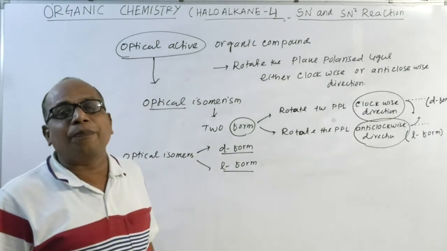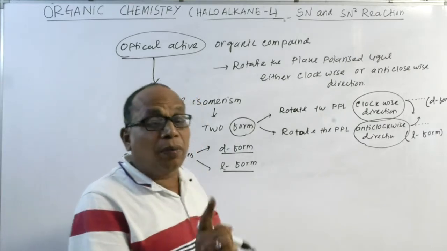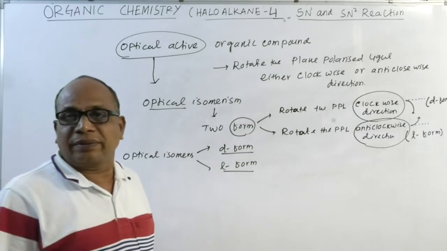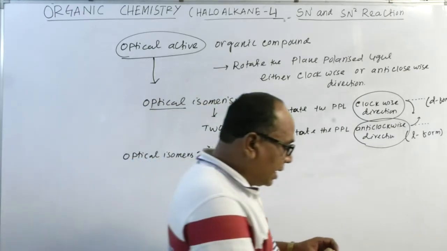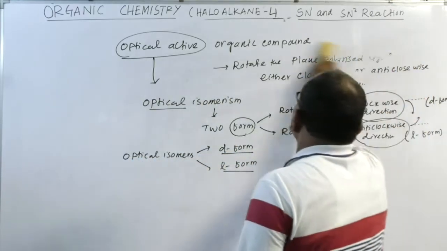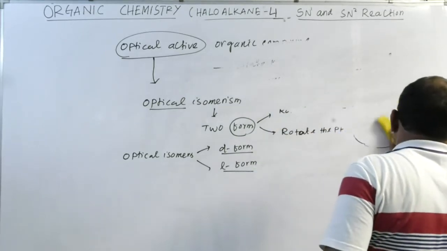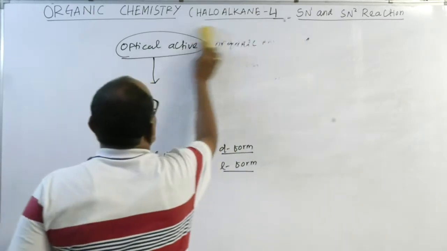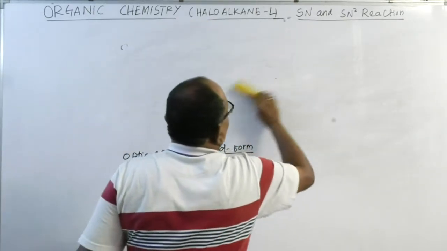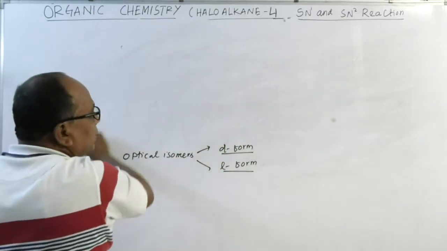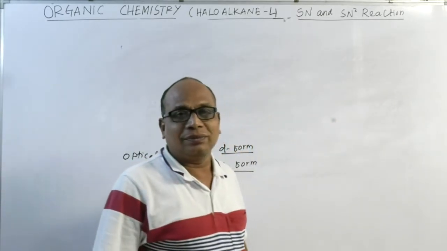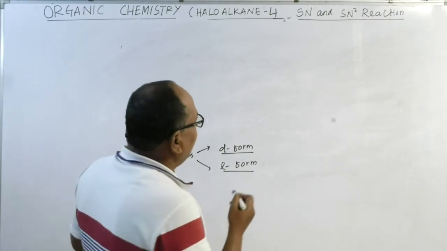So any optical active compound has a minimum of a D form and an L form. Again, these two forms are related with each other. How are they related?